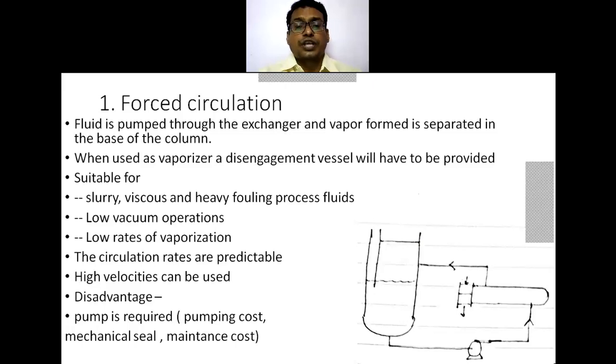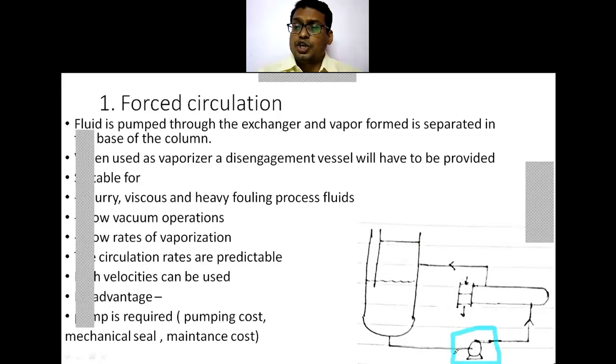First is the forced circulation type reboiler. In this case, a pump is used, the heat exchanger is drawn here, and the vapors generated will go back into the distillation column.